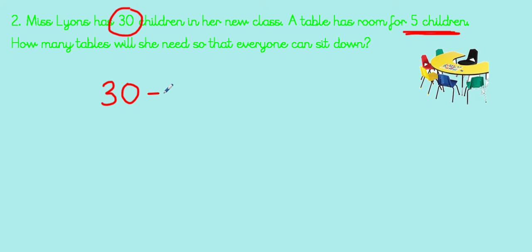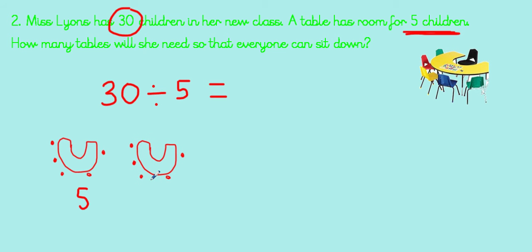So I'm going to group them into 5s, and I'm going to find out how many tables I need to ask Mr. Jaworski for. So here's my first table. It's got 5 children around the edge. So I've got 5 children sat down at a table. There are still lots left on the carpet, so I'm going to need another table, aren't I?